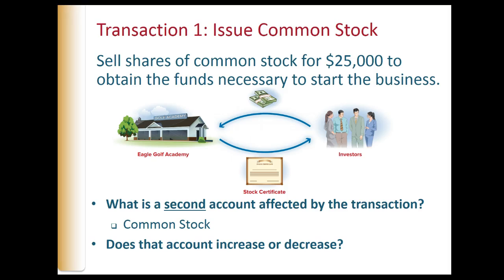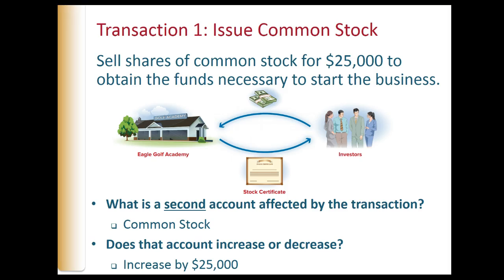Common stock. Remember, we're issuing common stock. So in issuing it, we're receiving cash and we are creating an investor, and so our equity is going to increase. Common stock is our next account, and that common stock, which is a stockholders' equity account, is increasing.